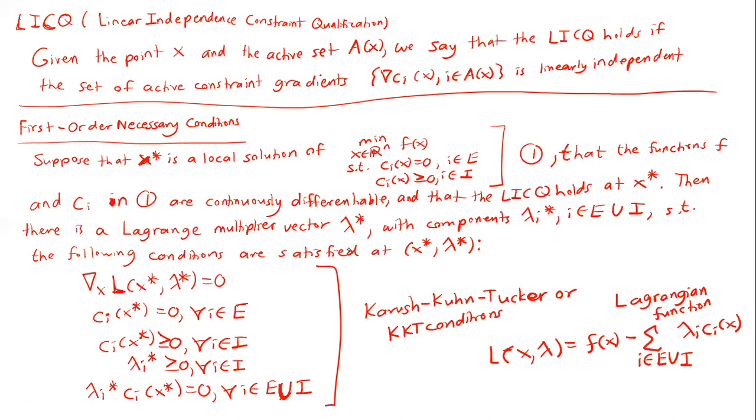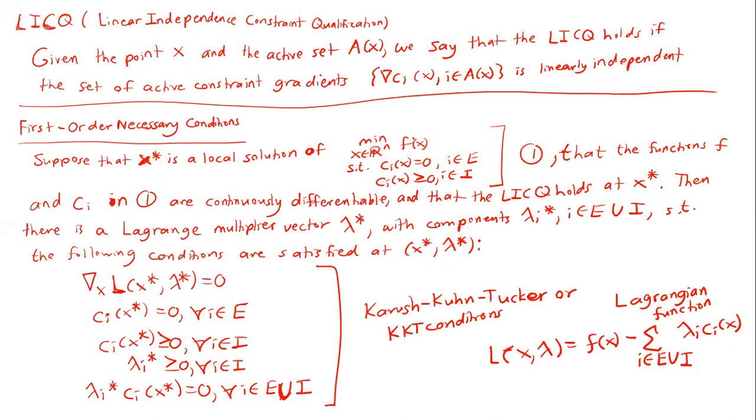Okay, so let's talk really briefly about what this tells us. What this says is that I can put some assumptions on an optimization problem that includes constraints. I can say, let's say that x star is a local solution of this.